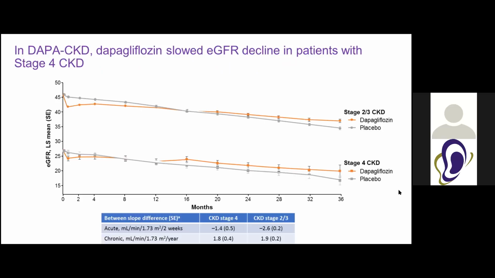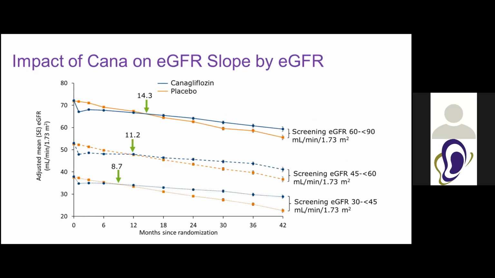And these are the slopes that when we saw the first study of EMPA-REG got us so excited, but interestingly seems to have persisted no matter how bad your kidney function is. There is this dip and then a plateauing which occurs, and then the placebo group always has an ongoing, relentless decline in kidney function.